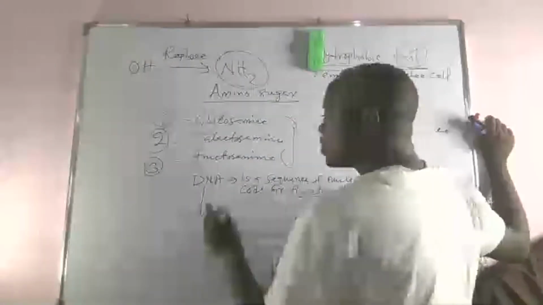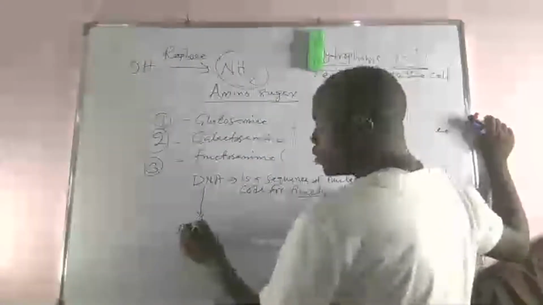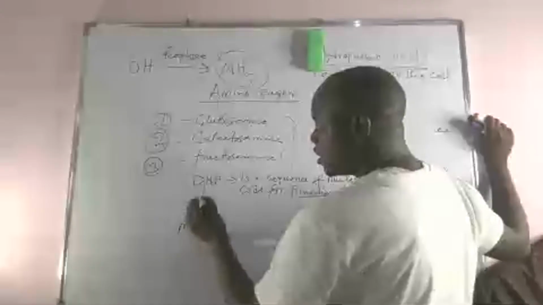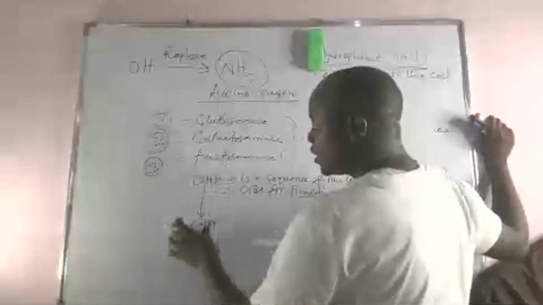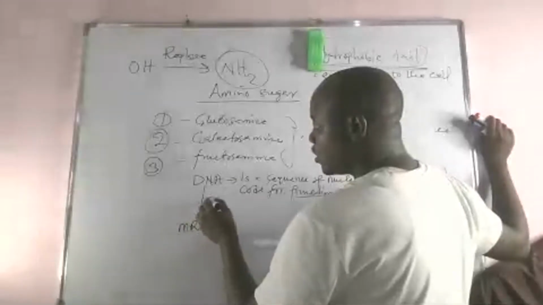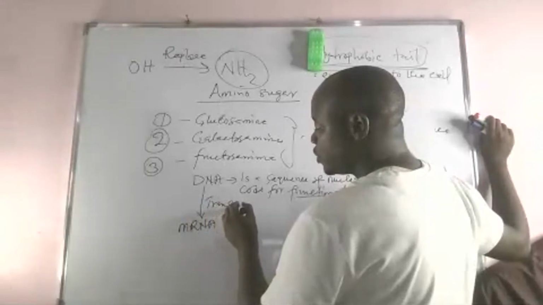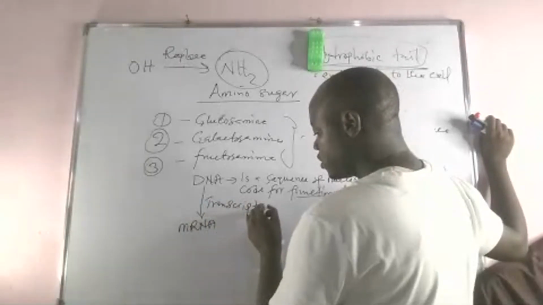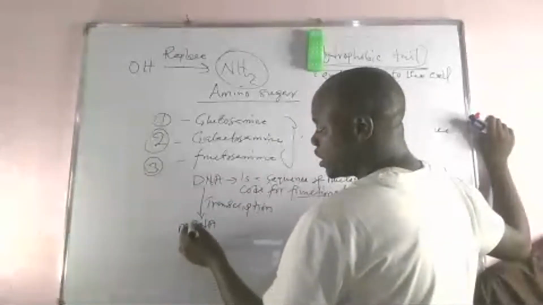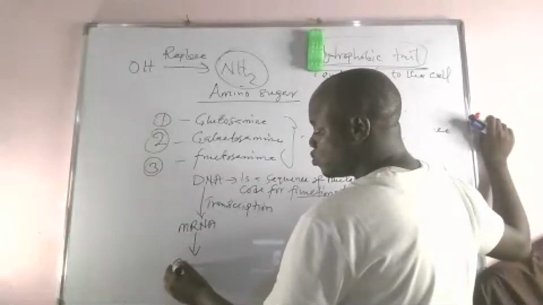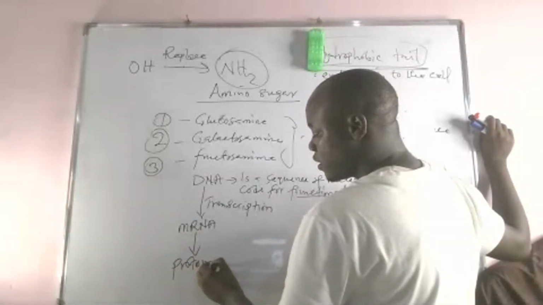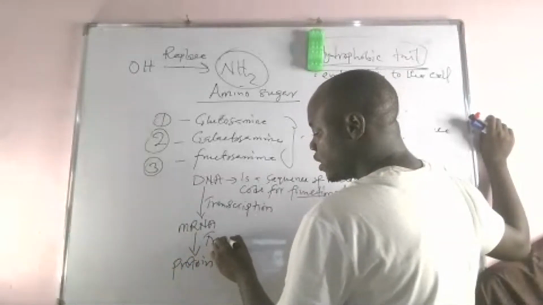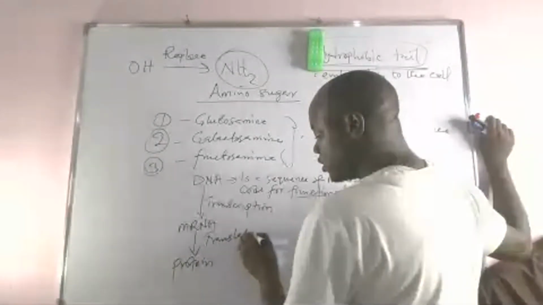The nucleotide sequence in the DNA is usually converted into mRNA, and the process of converting DNA to mRNA is called transcription. And then from transcription, mRNA is converted into protein, and the process is called translation.